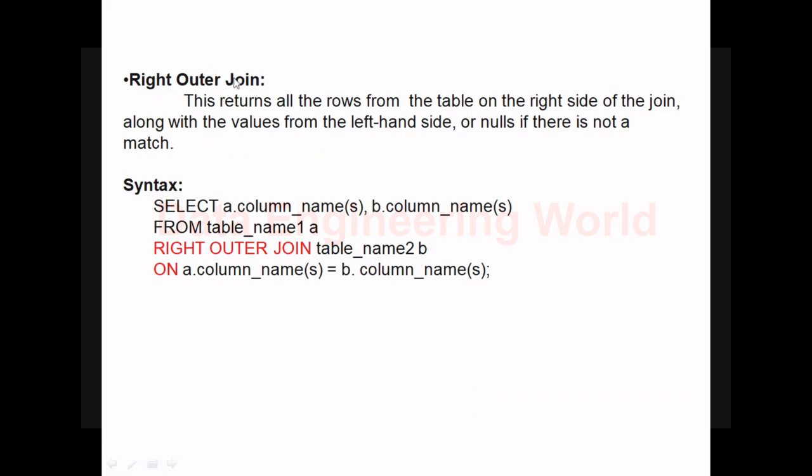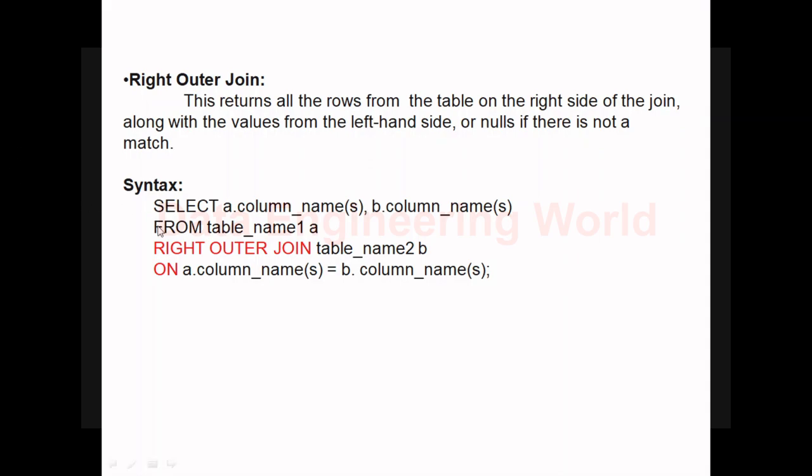The next we have right outer join. This returns all the data from our right table along with the matching record from the left table. If there is no match between these two tables, it gives null for the left hand table column values.